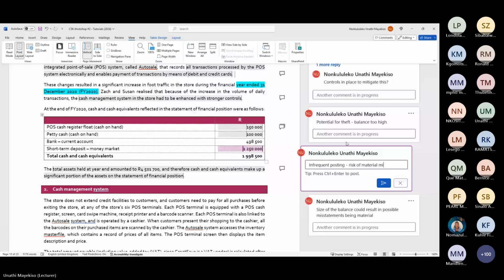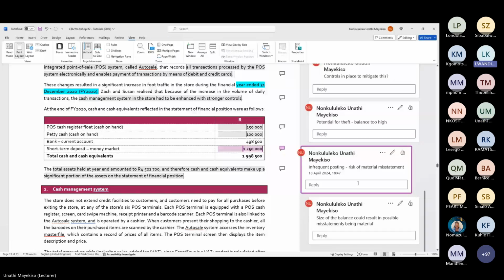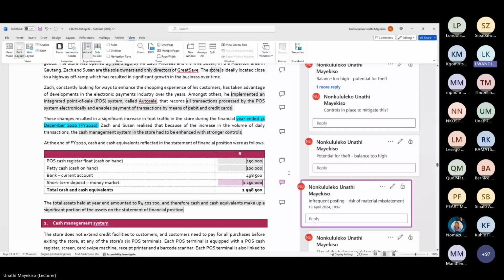Hi, Unati. Can I take you back a little bit to that foot traffic in December? Yes. I didn't highlight it in my notes, but now that someone has highlighted it, they're saying there was an increase in foot traffic in the store during December.